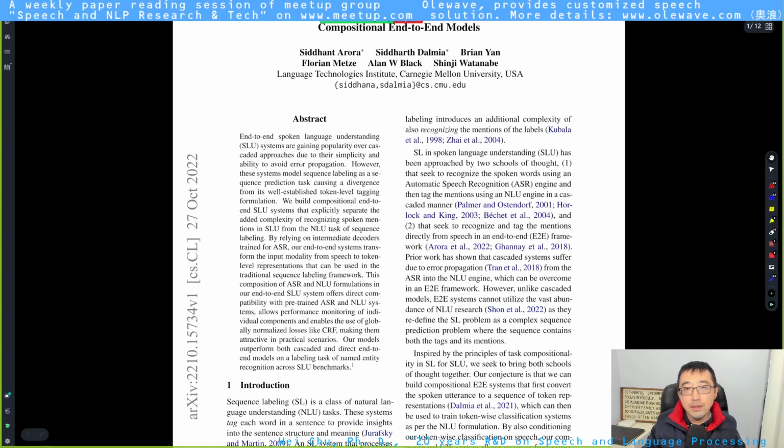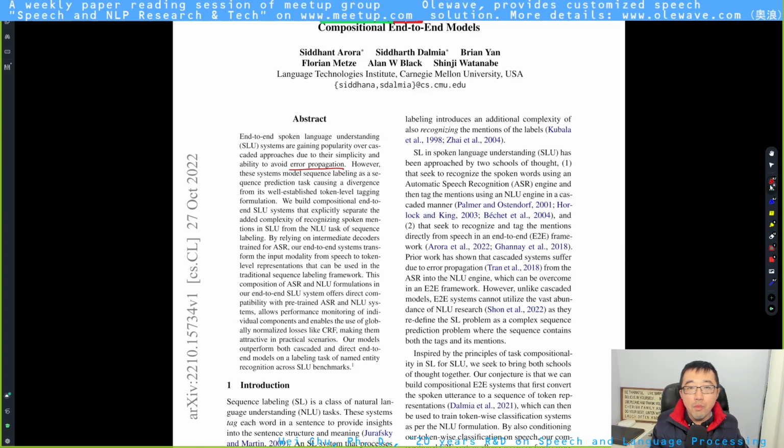But you can see that they usually suffer from something called error propagation. Any ASR errors, speech recognition errors, could be a disaster for the subsequent NLU modules, right?